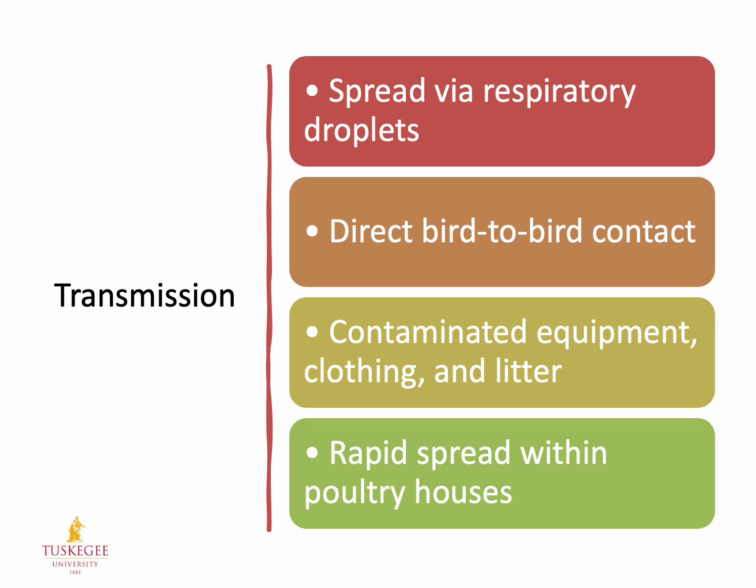The disease also spreads through contaminated equipment, clothing and litter, and this is why biosecurity is very important. So imagine you're moving equipment from a pen house where birds have already been infected to a pen house where the birds do not have infectious bronchitis. You're literally introducing the virus to the new group.